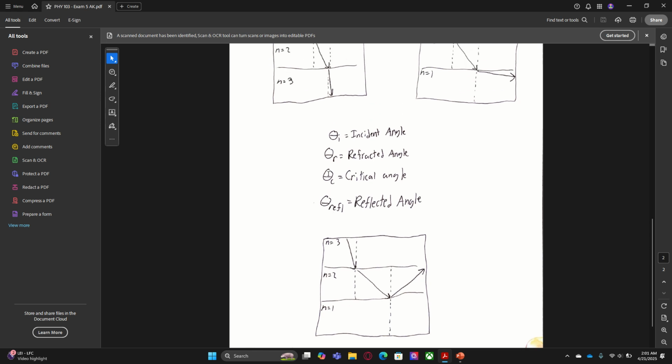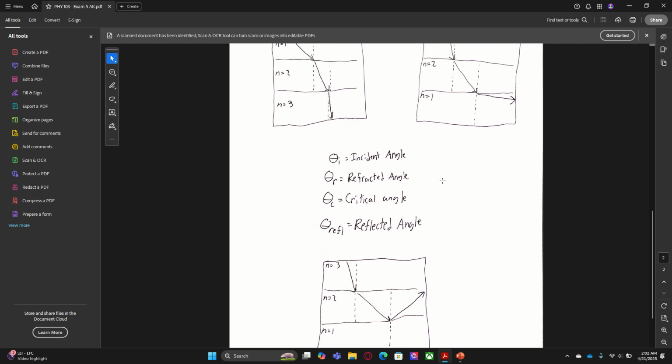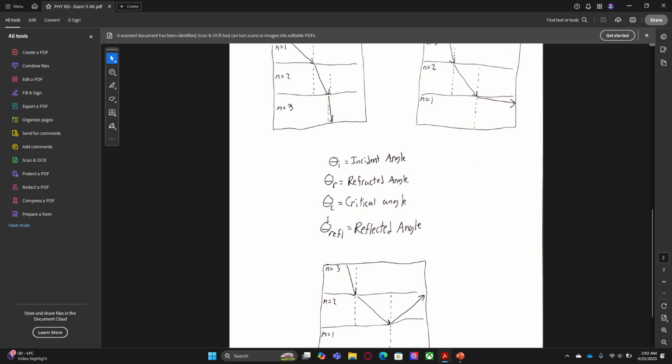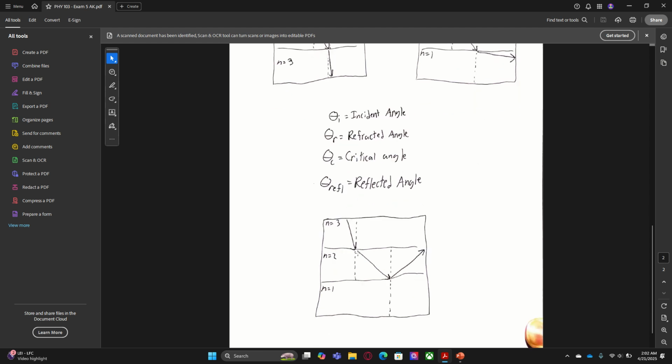What we're going to see is we're going to calculate theta c based off of the formula from the prior page, and if theta I is less than theta c, then it's possible to refract into the next layer. If theta I equals theta c, then the ray will refract at a 90-degree angle, so basically between both layers.